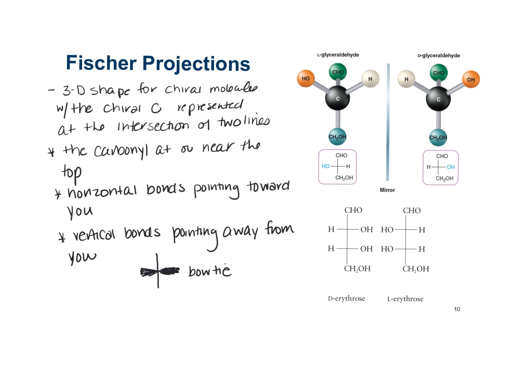Now, one of the things that Fischer projections help us with is to differentiate between the 2 enantiomers. When you have the carbonyl group at the top and we've got our 2 enantiomers here, we know that these are 2 enantiomers, but we need to name them differently.